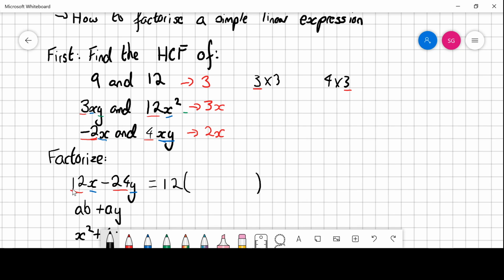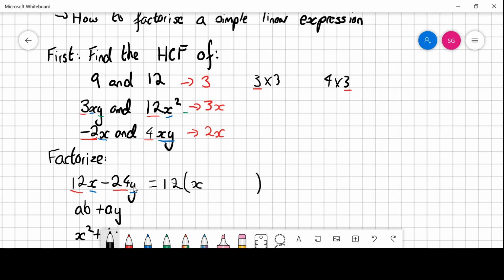So 12x and 12 here. We need a number that when multiplied by 12 will make 12x. Well, that'll obviously be x. And we need a number here that when multiplied by 12 is going to give us minus 24y.